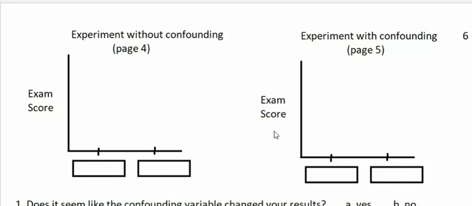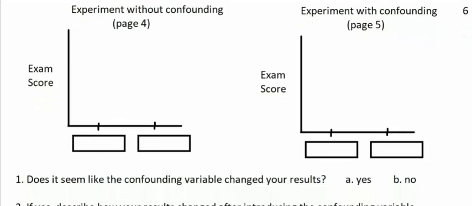So if your independent variable was, let's say, hours of sleep, you would put the hours for group 1 here and the hours for group 2 here. So it might be 4, 8, or maybe 2 hour, 6 hour, whatever you decided. So these are the 2 levels of your independent variable. Make a y-axis, and then make a bar for the mean of group 1 and a bar for the mean of group 2, and do it for both pages.